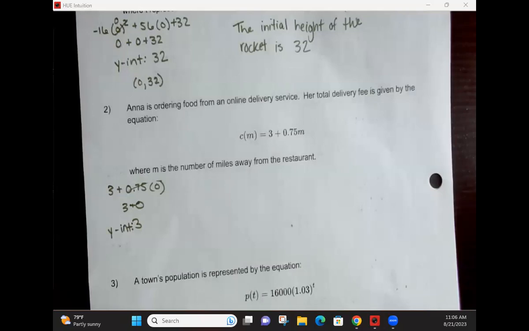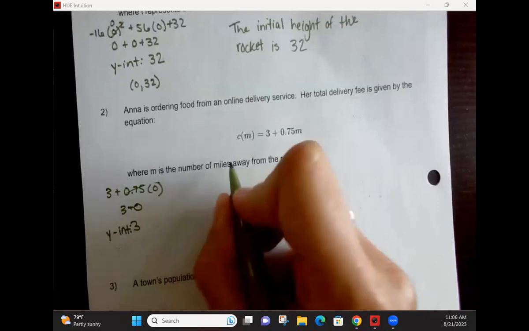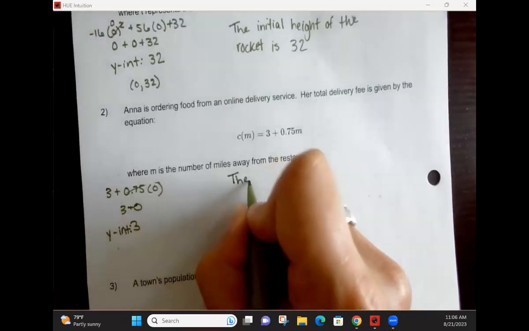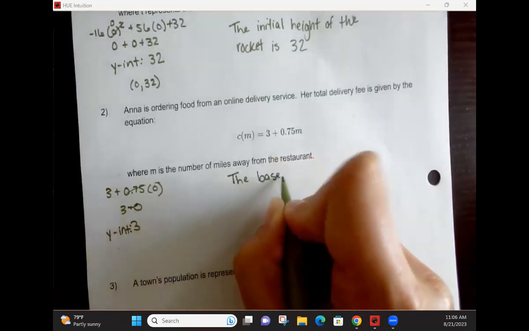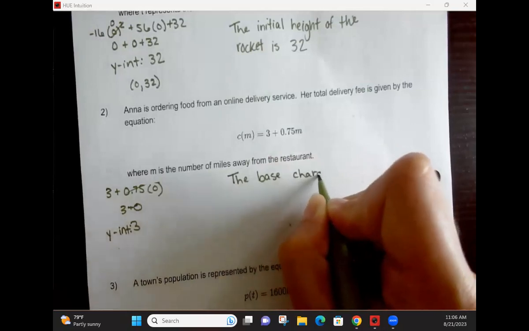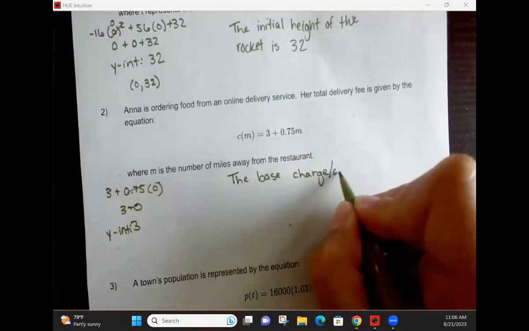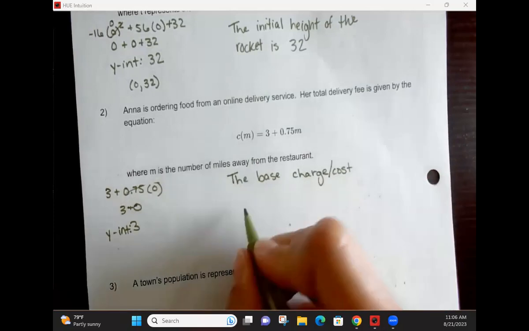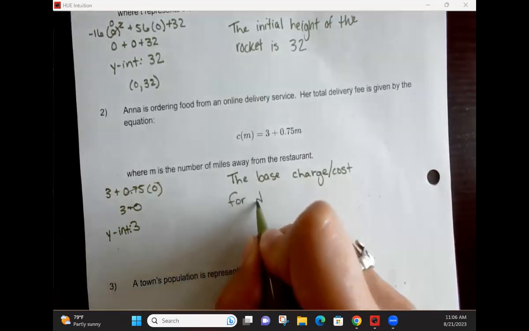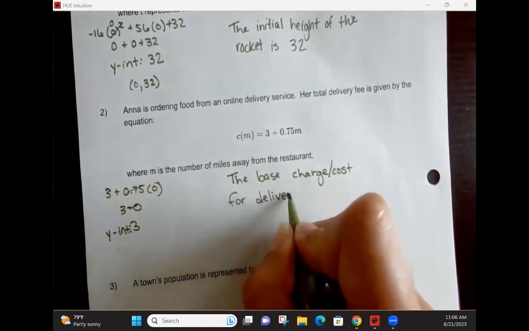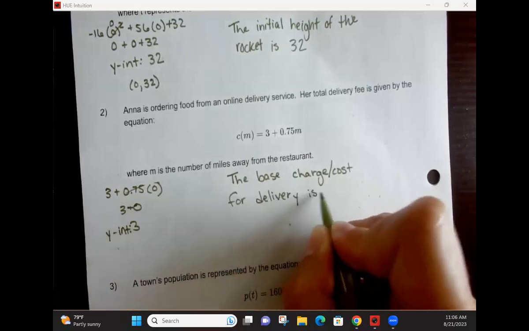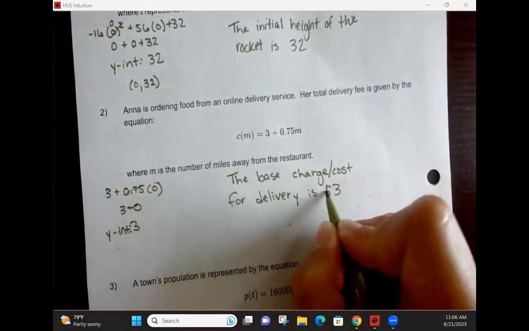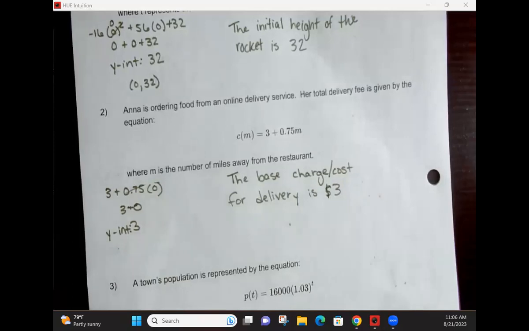That's $3. It's sort of my initial charge, or I think I called it my base charge. The reservation charge or cost for delivery is $3. It's going to be at least $3 if you want your food delivered from this restaurant.